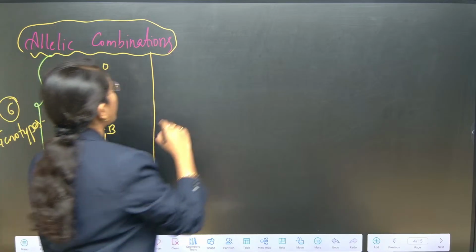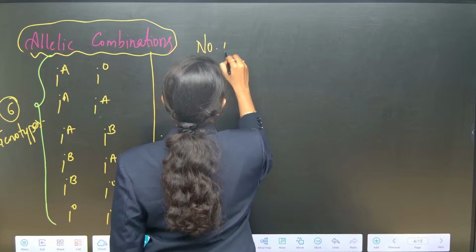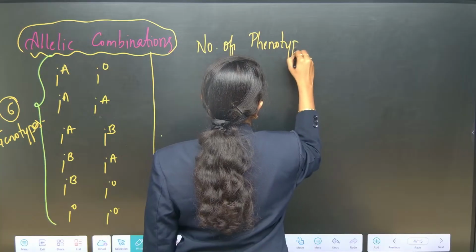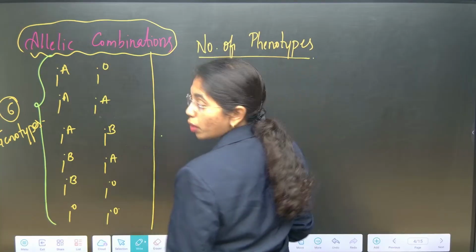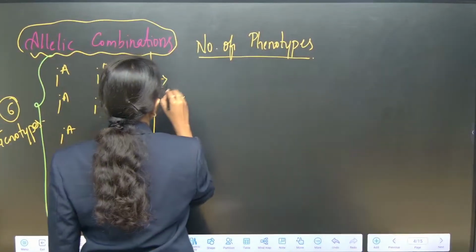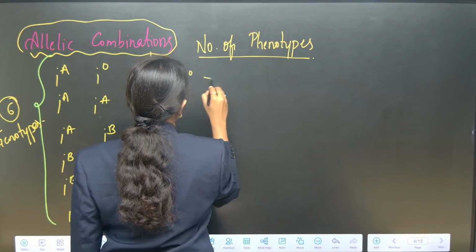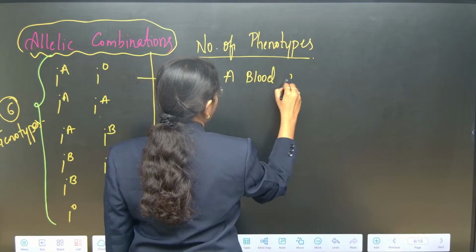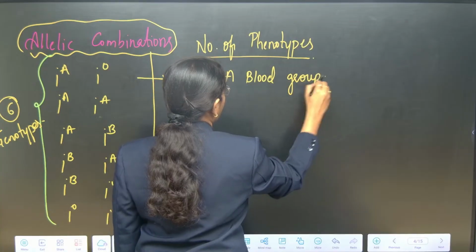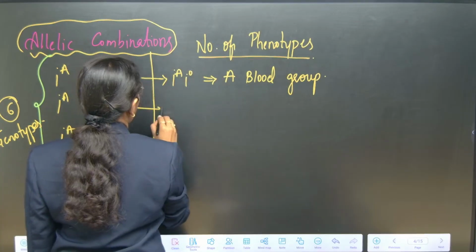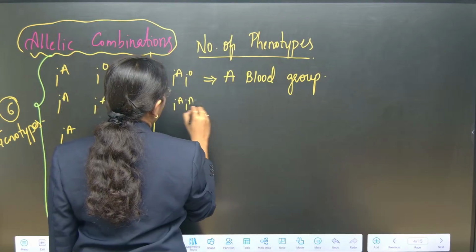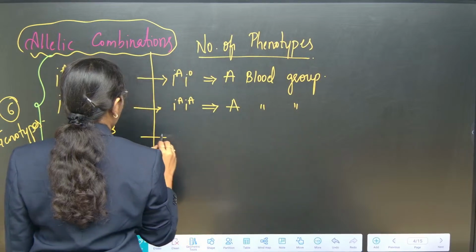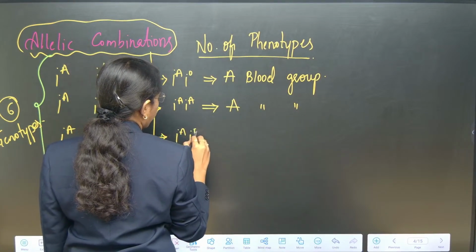If you see the number of phenotypes, here IA IO will give what blood group? A blood group. Fine. Next IA IA, again A blood group. Next IA IB, AB blood group.